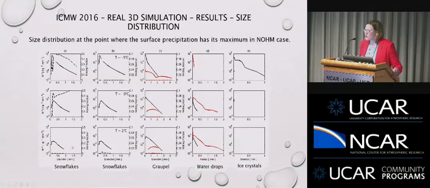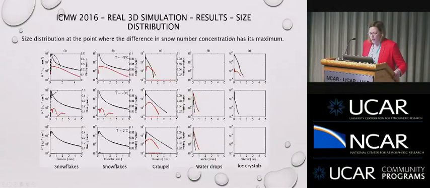So only the water drops and graupel particles are racing to collide or collect water drops in this part, so larger water drops can form, fall out, and cause higher precipitation on the ground. So maybe this is one of the reasons why without the Hallett-Mossop effect we have more precipitation on the ground.